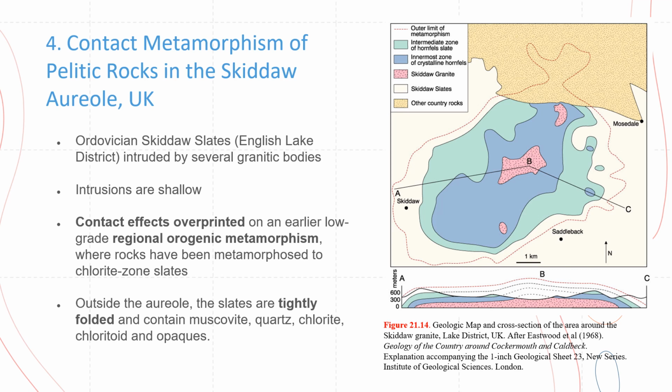In this area, the contact effects overprinted on an earlier low-grade regional orogenic metamorphism, where the rocks have been metamorphosed to chlorite zone slates, and outside of this aureole, the slates are tightly folded and they contain muscovite, quartz, chlorite, chloritoid, and opaques.